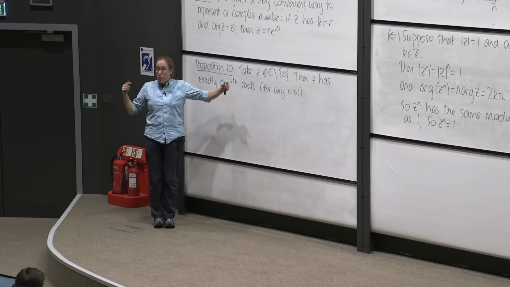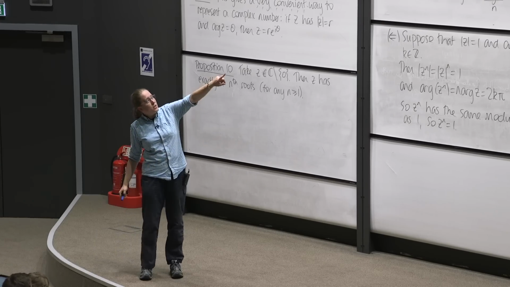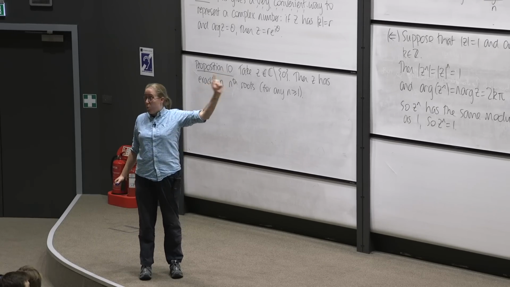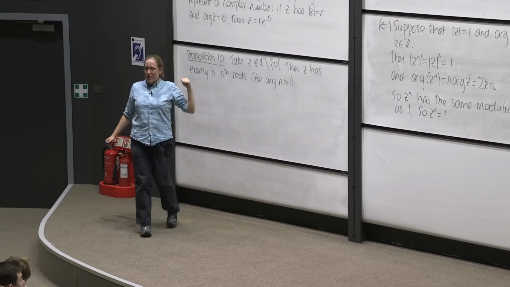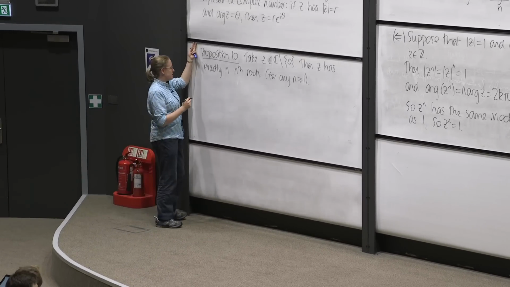So we thought about roots of 1, right? Corollary 8 said there are exactly n nth roots of 1. This is generalizing to there are exactly n nth roots of any non-zero complex number, which is kind of nice.